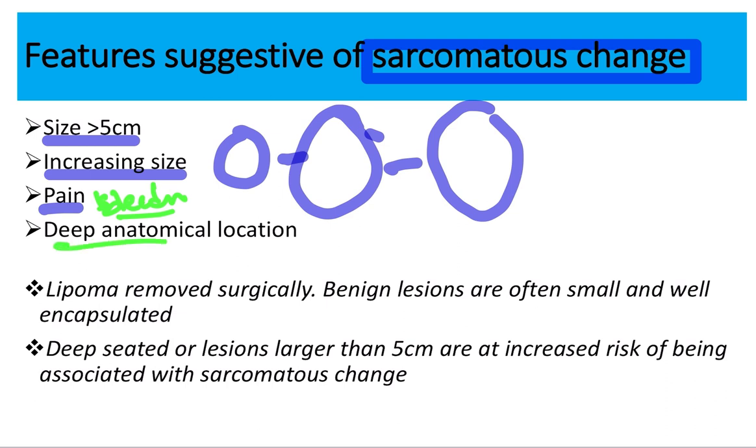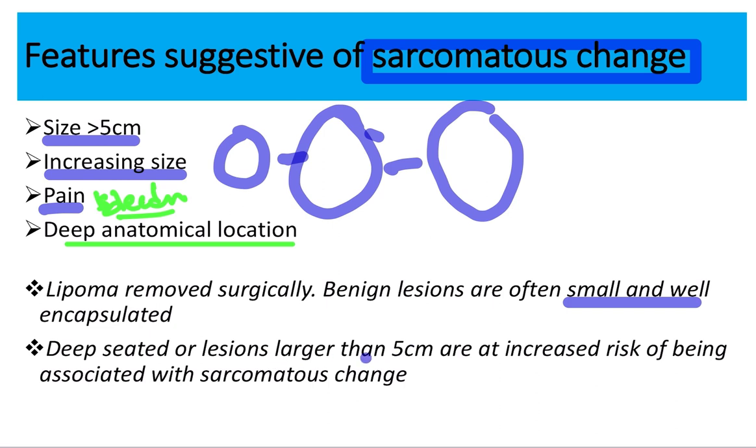And also the deep anatomical position. So deep anatomical location of the lipoma is suggestive of sarcoma. When lipomas are removed surgically, benign lesions are often small and well encapsulated.